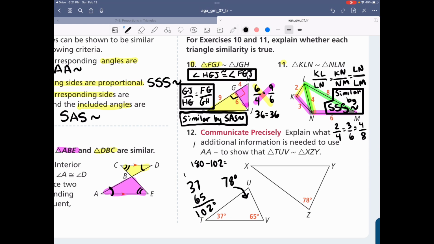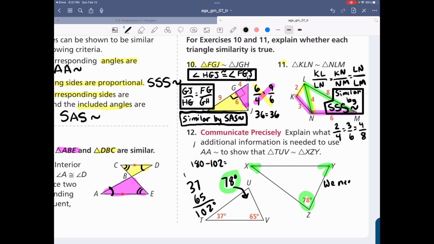So I know that one angle is congruent, but I don't know if the other two angles are congruent. So I would either need to know that angle X was equal to 37 or that angle Y was equal to 65.